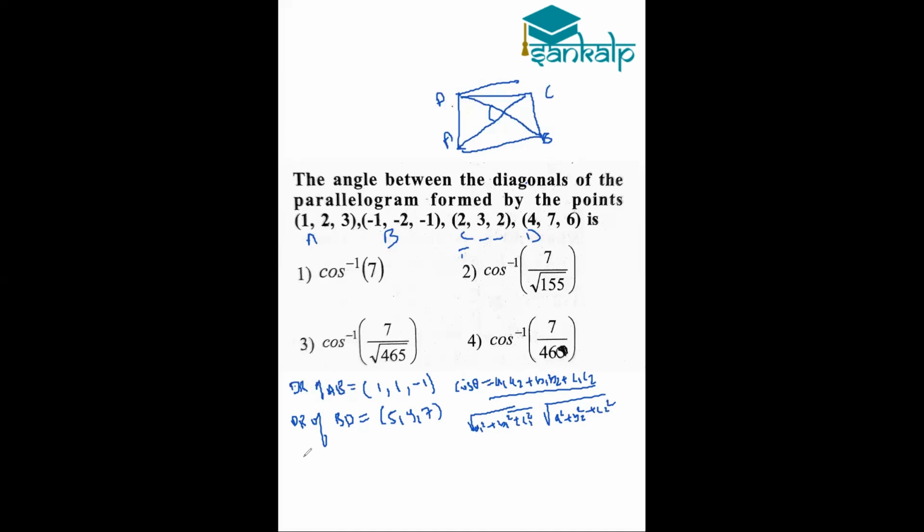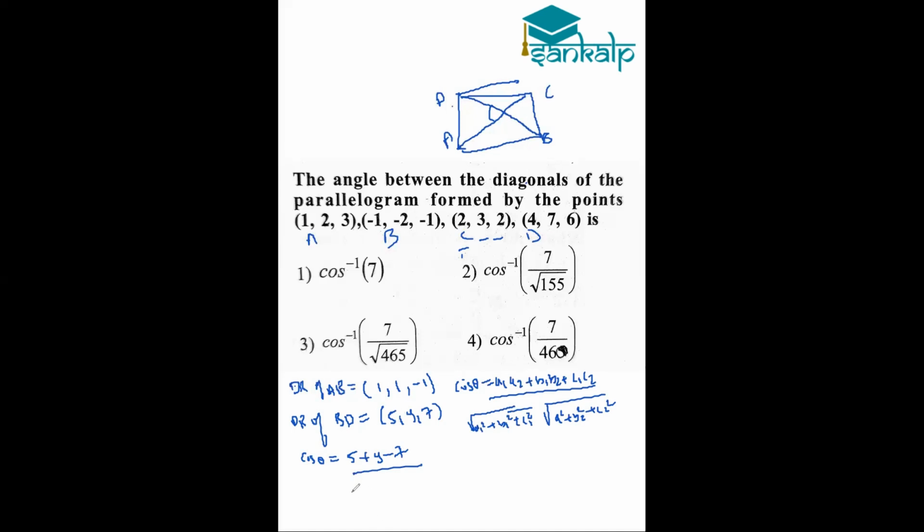So substituting the terms, we get cos theta is equal to, go on multiplying, 1 into 5 is 5, 1 into 9 is 9 minus 7, all divided by, take the square root of this, that is the modulus value.